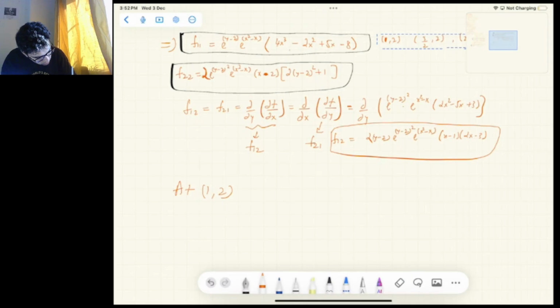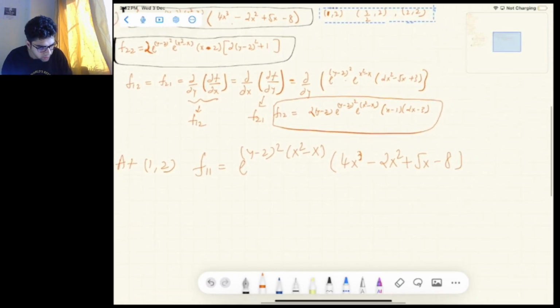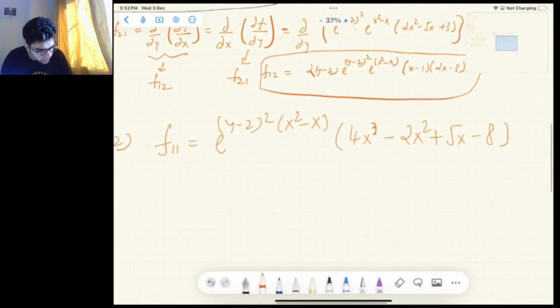So at 1 comma 2, my f11 is e to the power y minus 2 whole square, x square minus x and 4x cube minus 2x square plus 5x minus 8. So I just substitute 1 comma 2 in this expression.